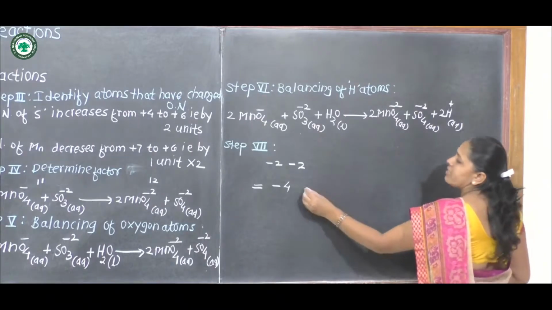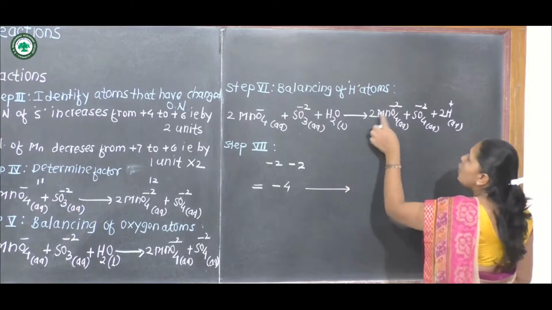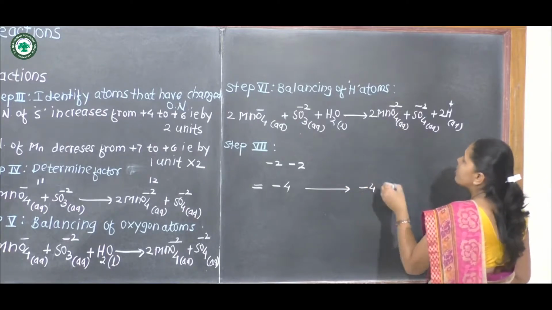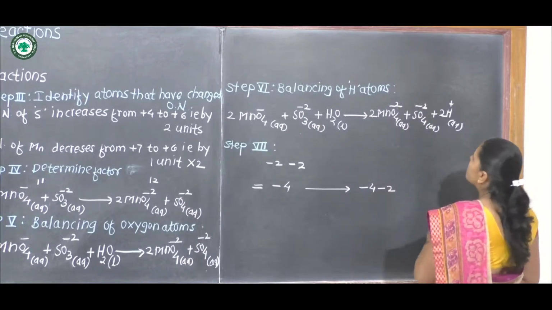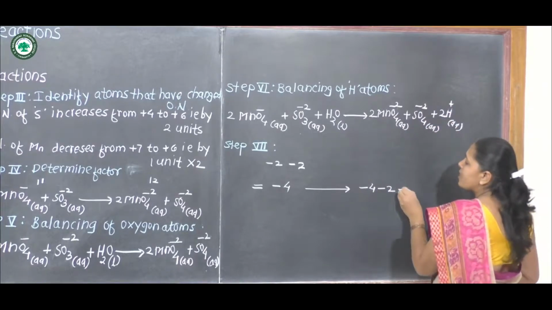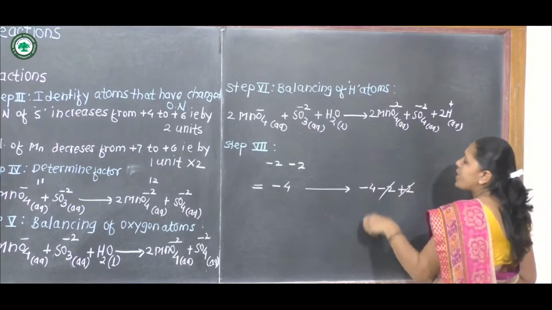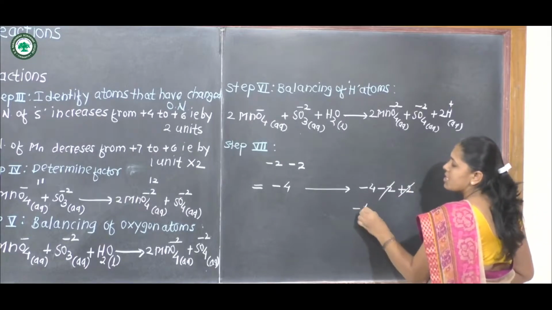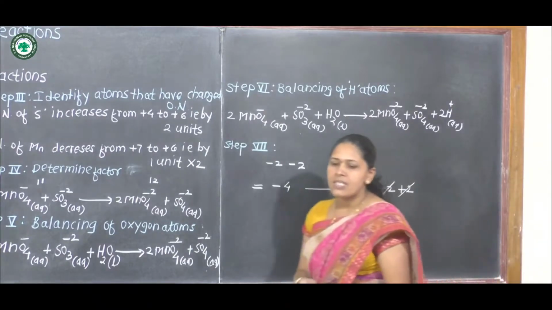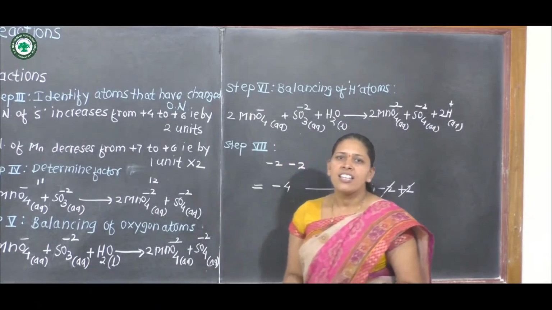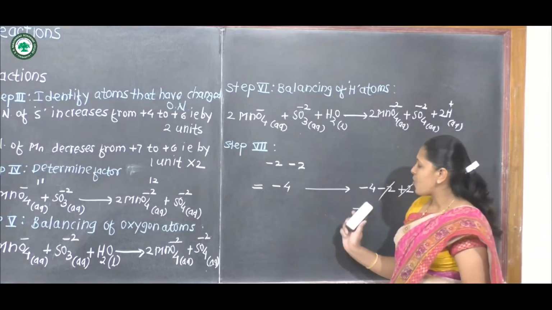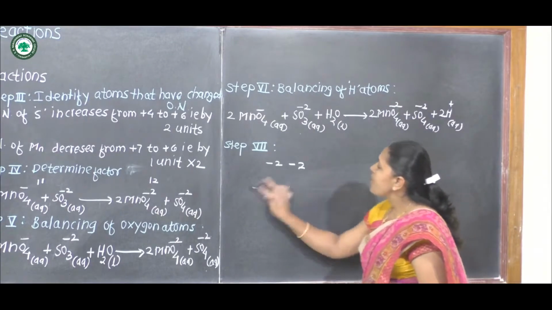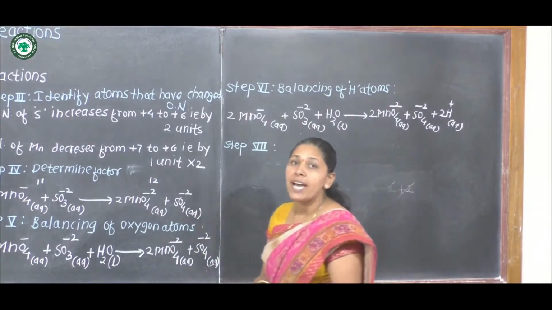Then product side: 2 multiplied by minus 2, minus 4, 1 multiplied by minus 2, minus 2, and 2 multiplied by plus 1, plus 2. Plus 2 and minus 2 get cancelled, remaining is minus 4. That means charge is already balanced. Minus 4, minus 4. Therefore, the reaction is also balanced.